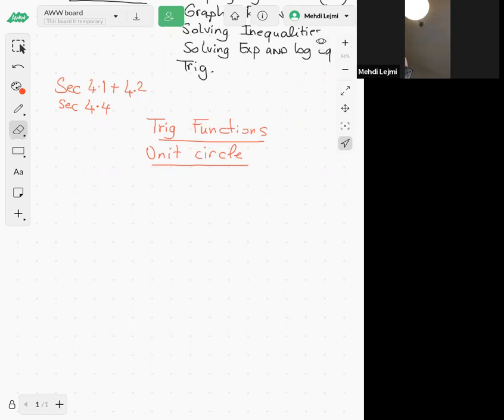So we're going to take a unit circle. What do I mean by a unit circle? That's a circle of radius 1, right? 1 unit.